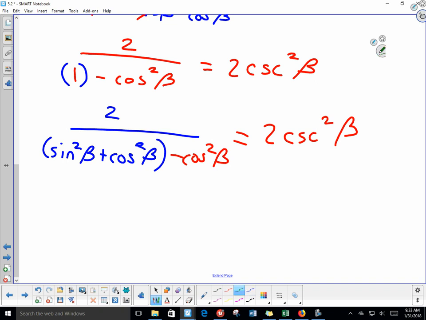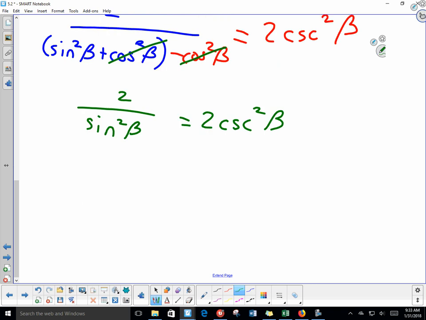At this point, the cosine squared betas are going to subtract off. So I have 2 over sine squared beta equaling 2 cosecant squared beta. And really, the sine squared beta is the same as 1 over cosecant squared beta. So I can replace the sine squared with 1 over cosecant squared. I think I said that wrong before.